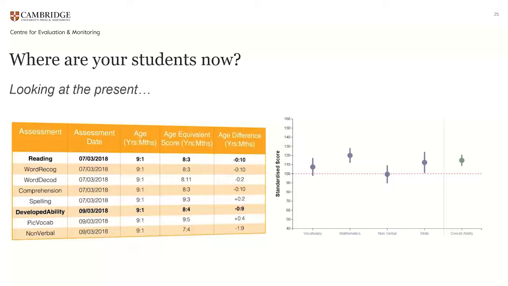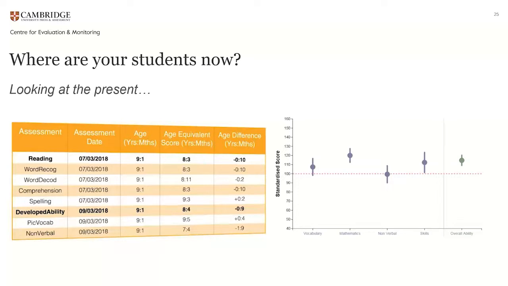You've got one student's report there. You've got their reading score, which is 8 years and 3 months, and their actual age is 9 years and 1 month. So you can see that they are nearly a year below where we might expect a child to be of that exact age.